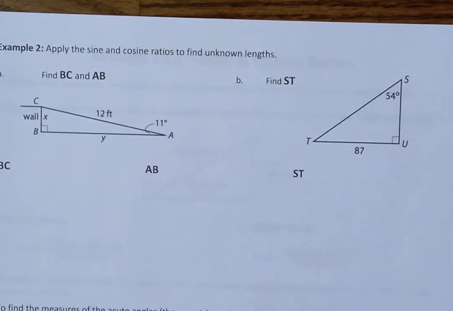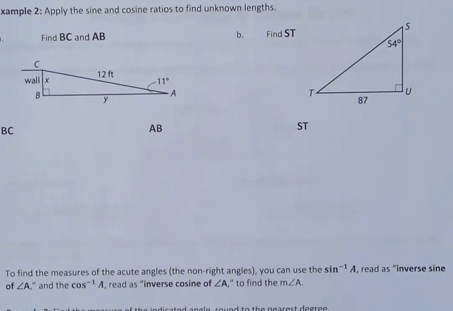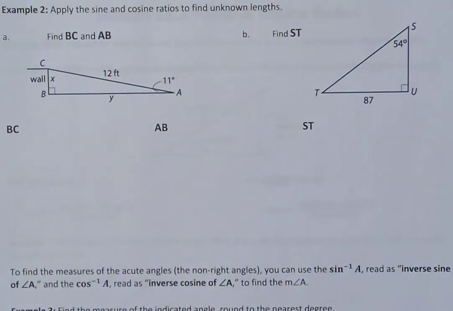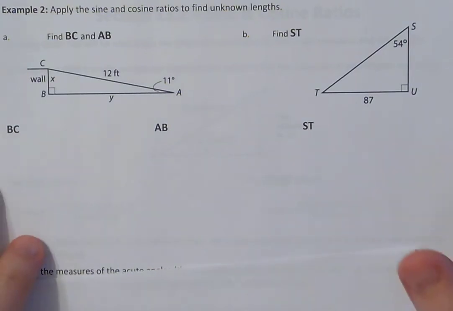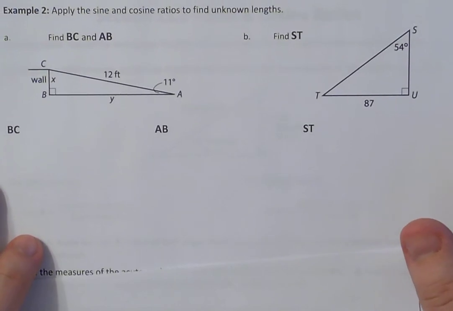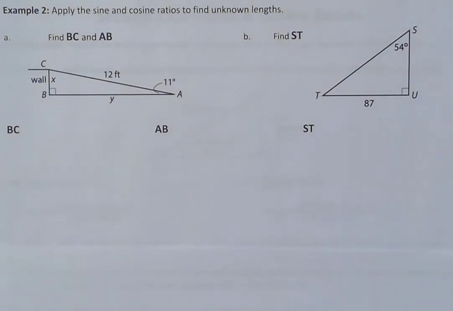All right, so moving on. Much like example 2, where we talked about yesterday or in 13.1 notes on tangent, where we had to use tangent to figure out the missing side length, we're going to use sine and cosine to find the measure of an unknown side length.